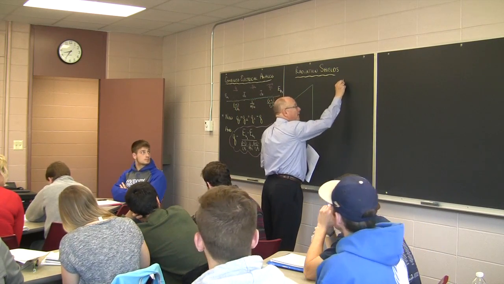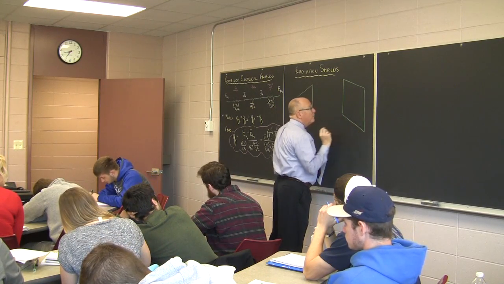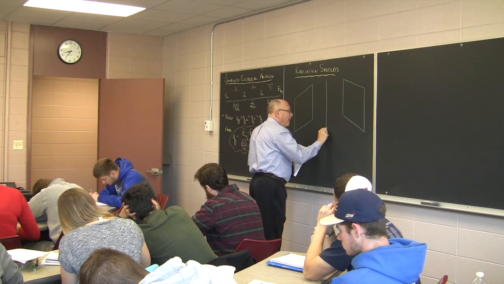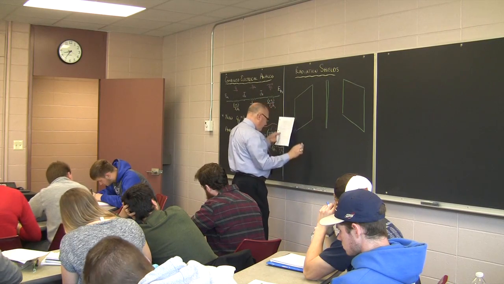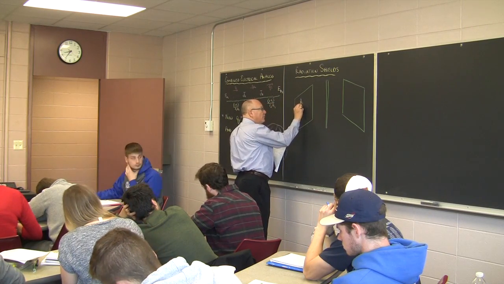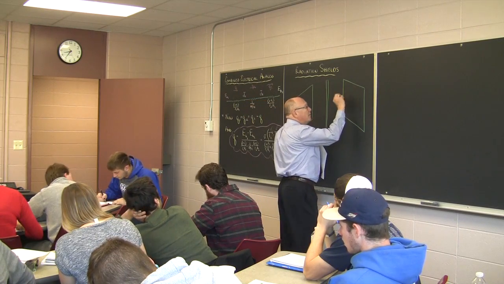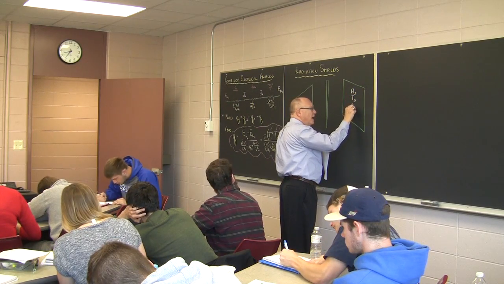Surface 1, surface 2, and in between we'll have some shield. So let's label these. This will be A1, surface A1 at some temperature T1, with emissivity epsilon 1. A2, T2, and emissivity epsilon 2.